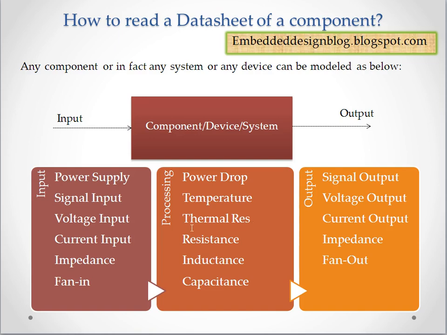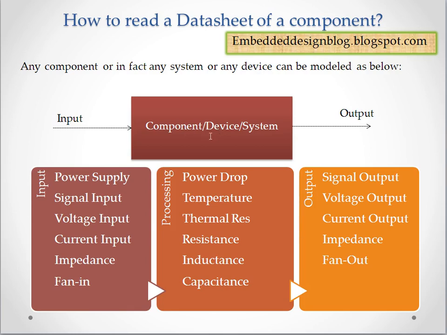And then you will definitely have some inductance, capacitance associated with that system. Whether the inductance or the capacitance, whether you are seeing it at the input, output, or a signal that is being processed in the device sees those particular parameters.